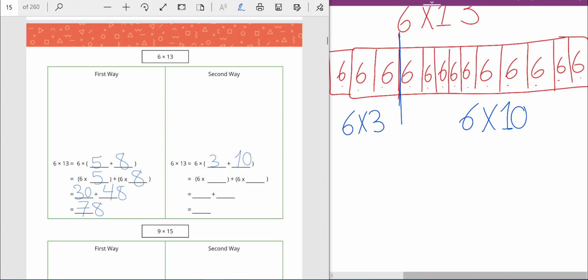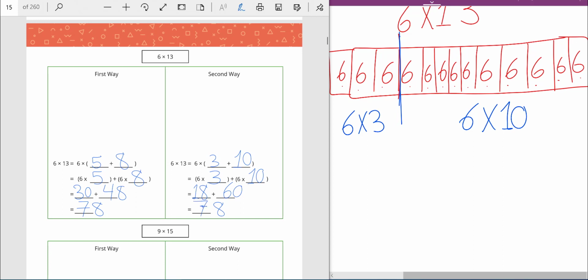At first 6 times 3, then 6 times 10. Now get the product of 6 times 3. 6 times 3 equals 18, and 6 times 10 equals 60. Then find the sum of these two products. 1s plus 1s and 10s plus 10s.